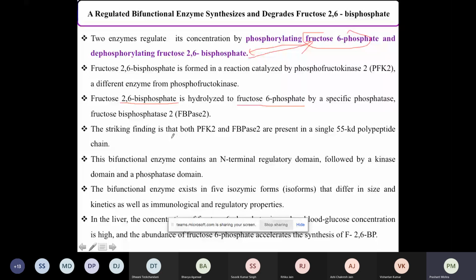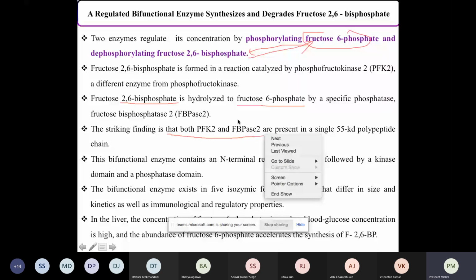The major interesting thing is that the one which forms fructose 2,6-bisphosphate and the one which degrades it are both present in the same complex. So you have an enzyme which is a combination of phosphofructokinase 2 and fructose bisphosphatase 2.